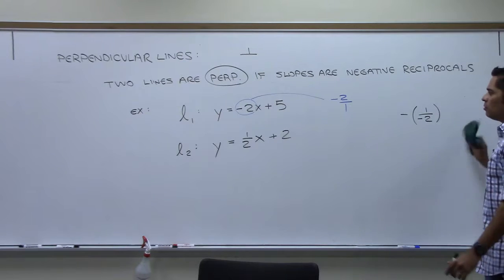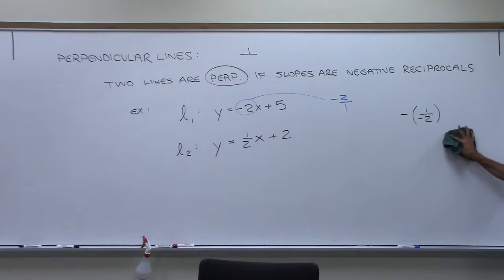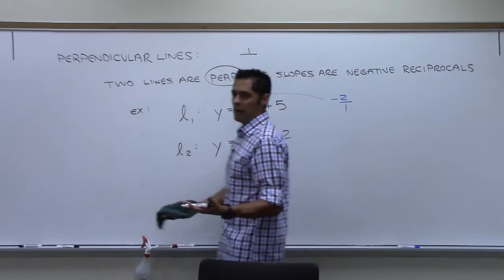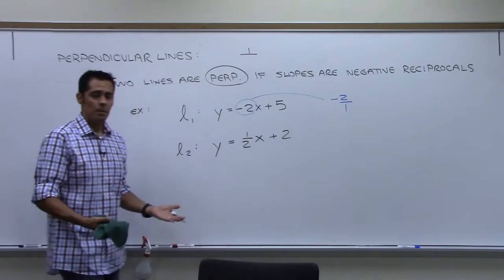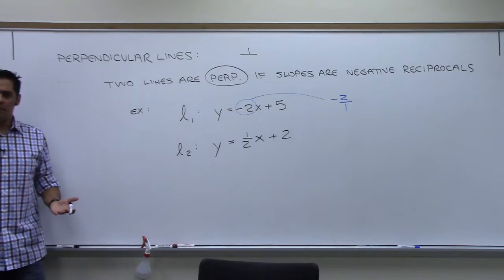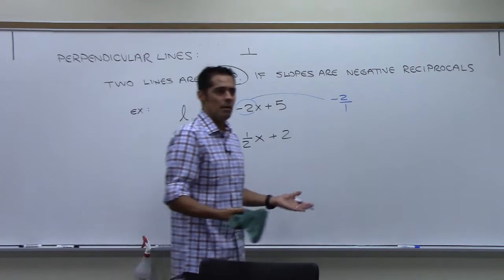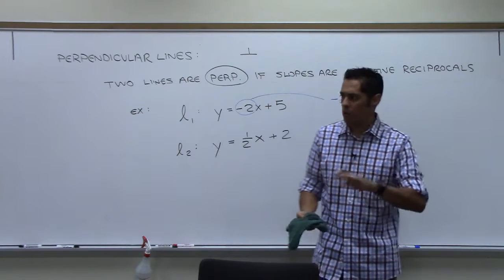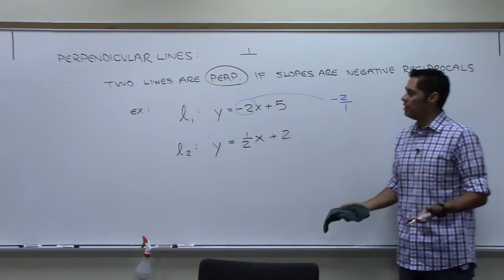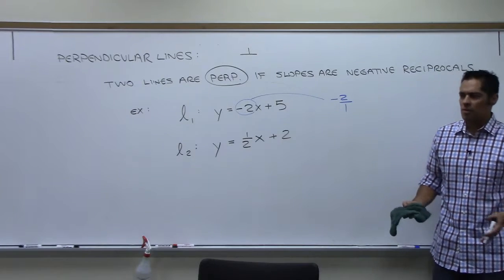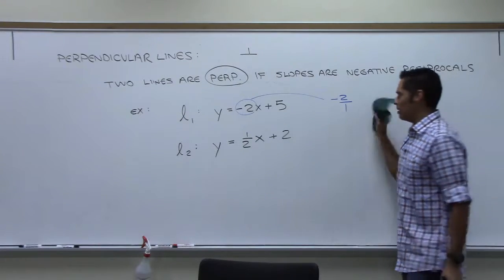Now, when you have two lines living on a flat sheet of paper, they could be parallel, they could be perpendicular, or they could be neither. They don't have to be parallel or perpendicular. It's not one or the other. There's a third option, and that's what's called skew. But we'll just say neither parallel nor perpendicular.